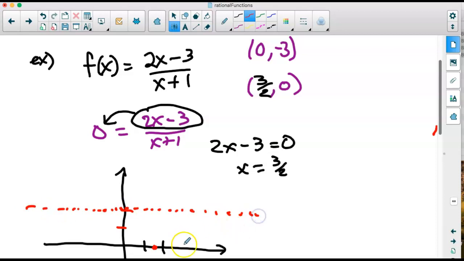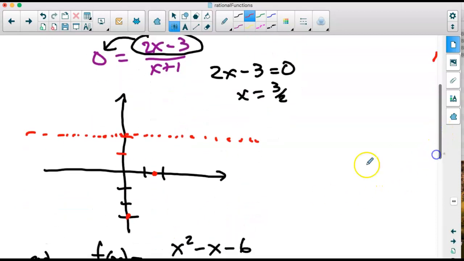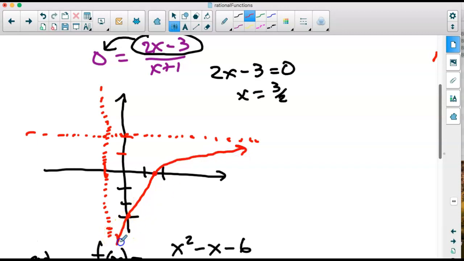And we have a vertical asymptote at negative 1, over here. So we know that this one goes like this on this side, it turns and goes this way towards the asymptotes. It doesn't cross this one, it doesn't cross this one. We don't have any points over here.